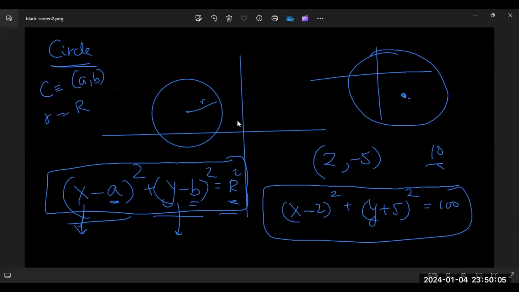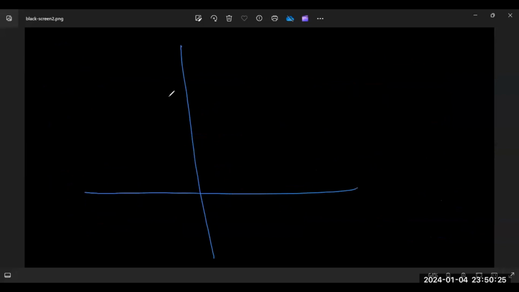Like just putting the value of a and b. What is a? 0. b? 4. And what is the radius?